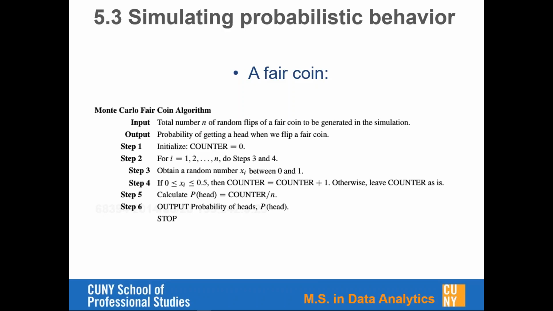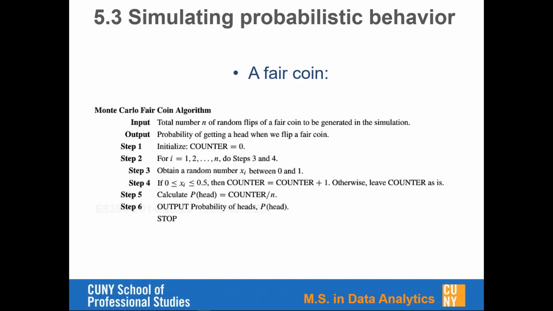The counter is initialized to 0, and for every single step from 1 to n, you go through step 3 and step 4. Step 3 is to obtain a random number xi between 0 and 1. In R, for example, you can easily use runif to generate that random number, with 0 to 1 as your boundary.